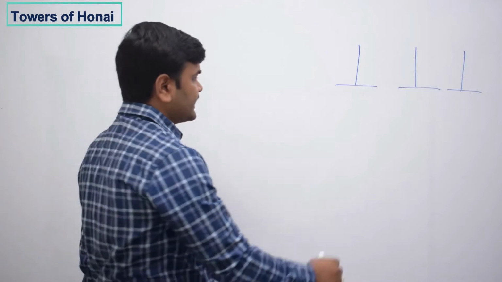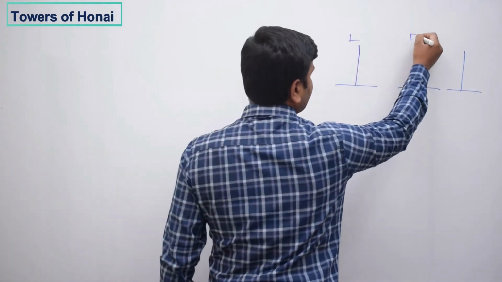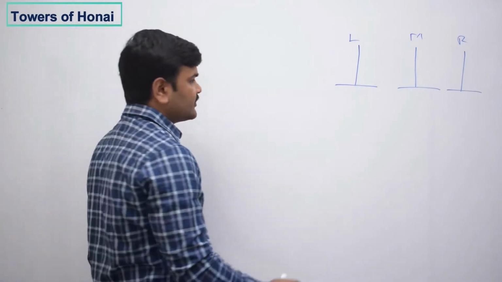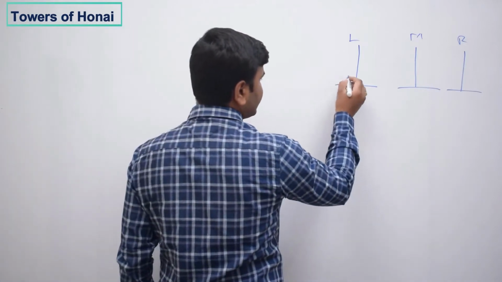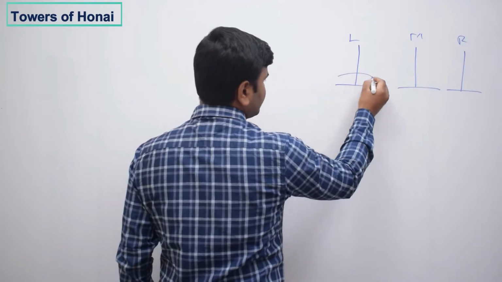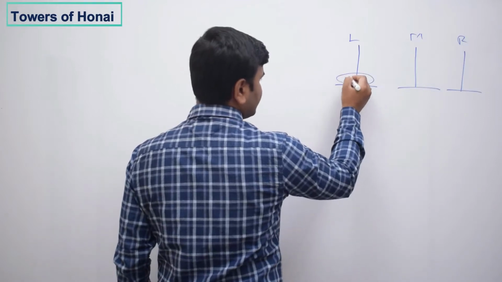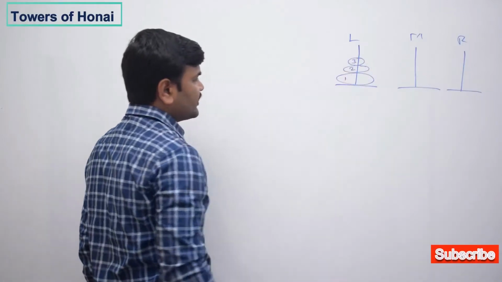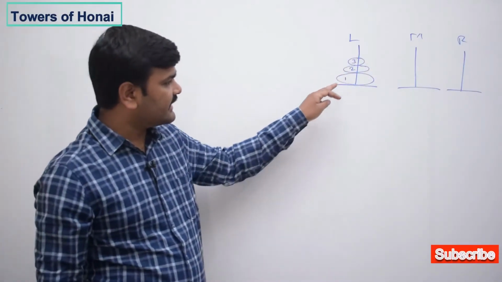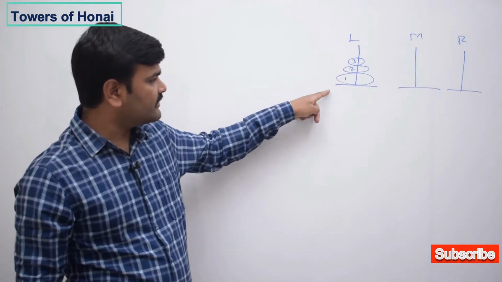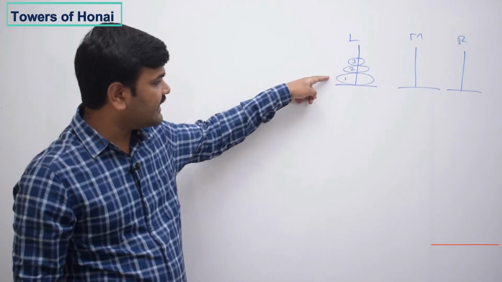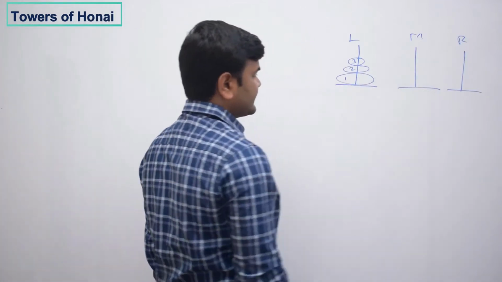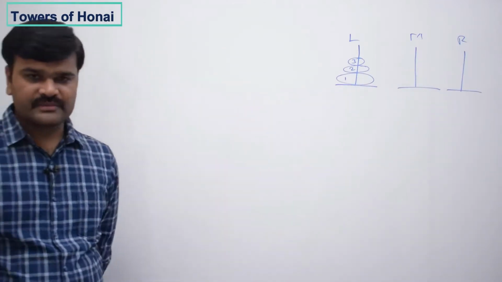As the game says, we are going to have 3 discs: disc number 1, disc number 2 and disc number 3. You see all these disc sizes are different, and top to bottom they are in ascending order of their sizes. With this initial setup we have to reach the goal.